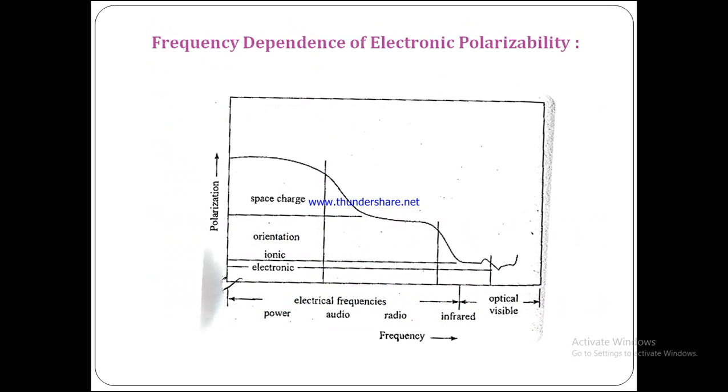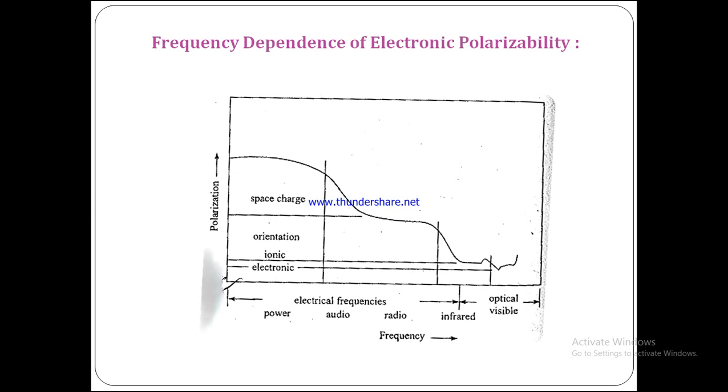Now the figure shows the real part as well as the imaginary part of electronic polarizability. When the real part is 0, the imaginary part has its maximum positive value.